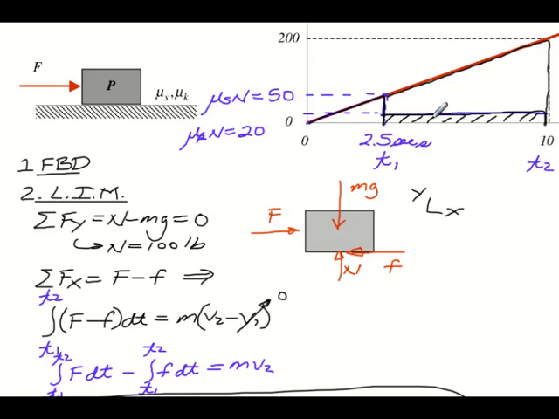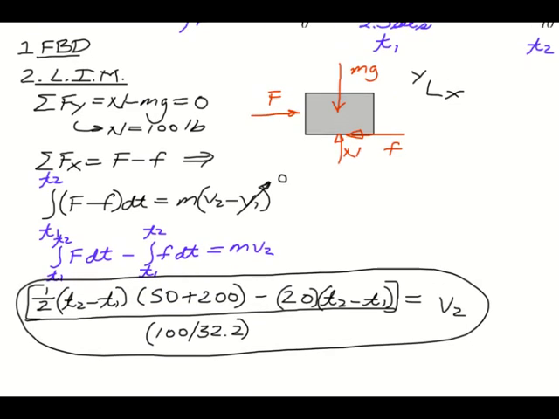We find the area under the applied force. That's this first part here, 1/2 T2 minus T1 times 50 plus 200, and then subtract away the impulse due to friction. That's this term here. Divide by m, and that gives us v2.